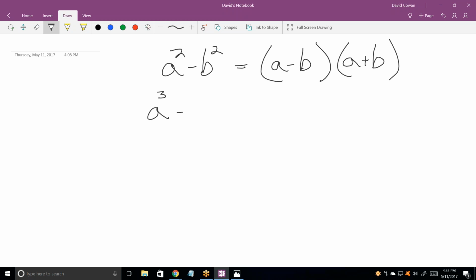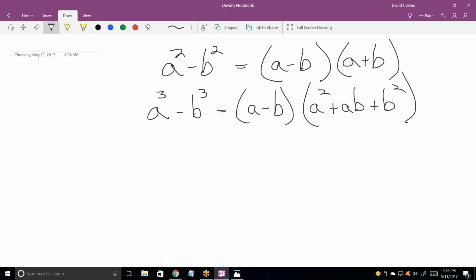Difference of perfect cubes starts out with that same linear factor. Second one is a squared, opposite sign, ab, always plus b squared. And then when you have the sum of perfect cubes, there is no sum of perfect squares, incidentally.